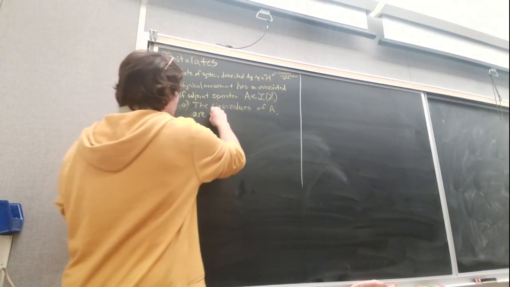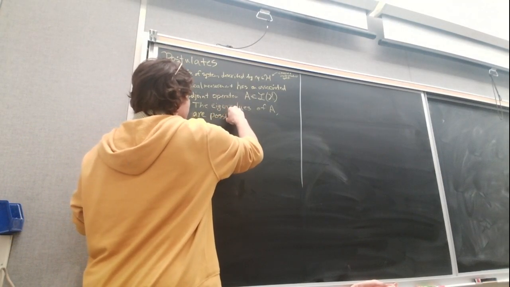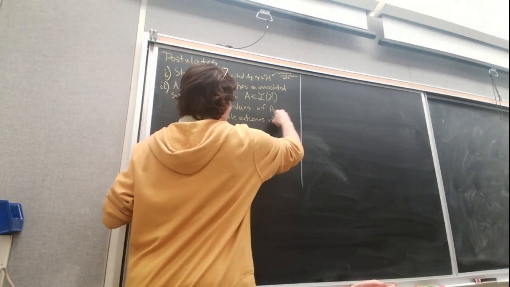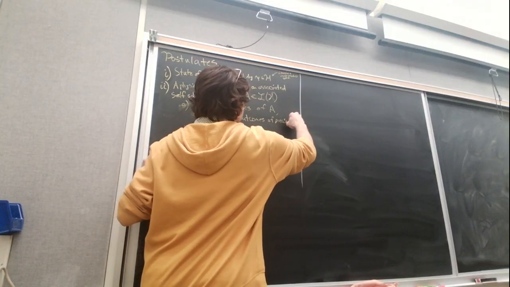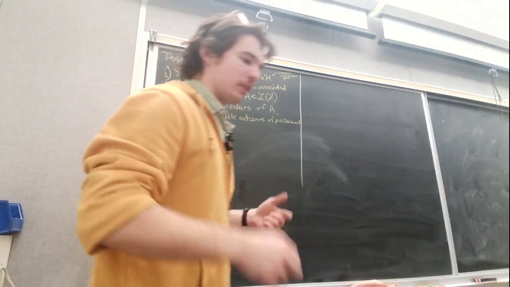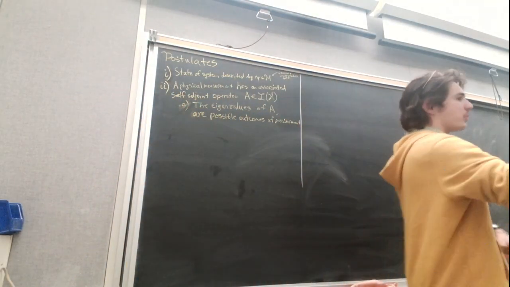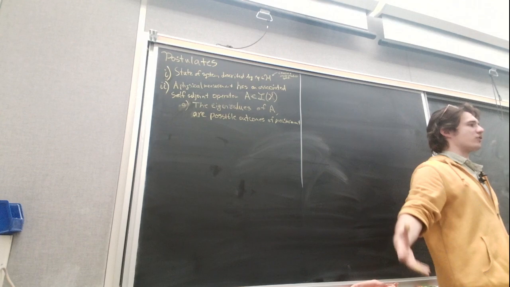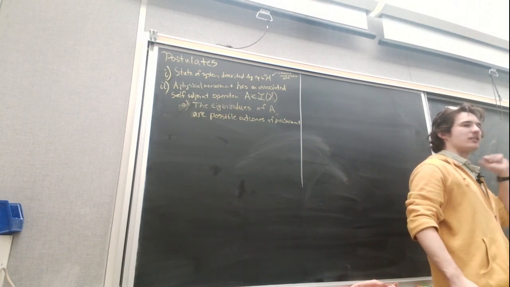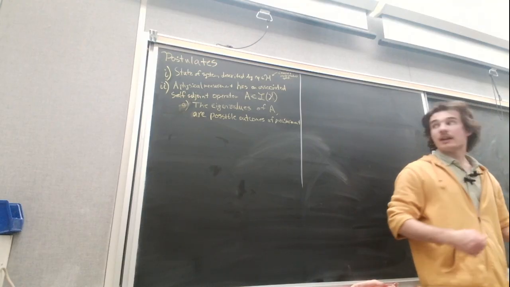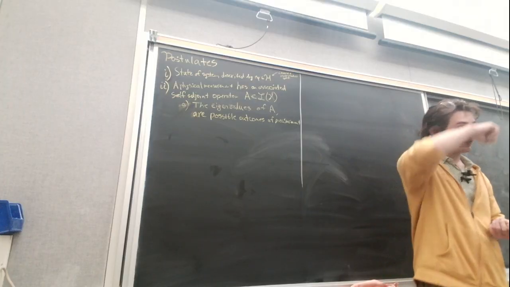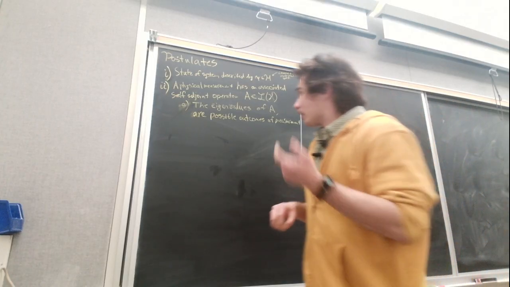Yes, the eigenvalues are the possible outcomes of measurement. So if I have an observable and I want to know, in principle, what could I possibly ever measure in the system, regardless of what state I'm in, to find out what could be measured, you compute the eigenvalues of this self-adjoint operator. Okay. Good.